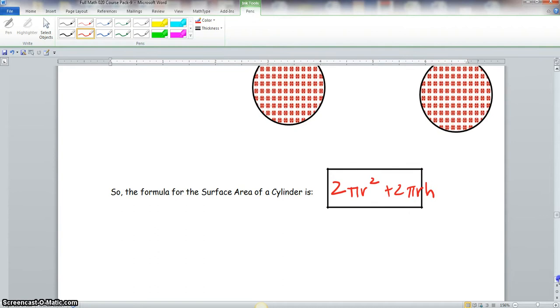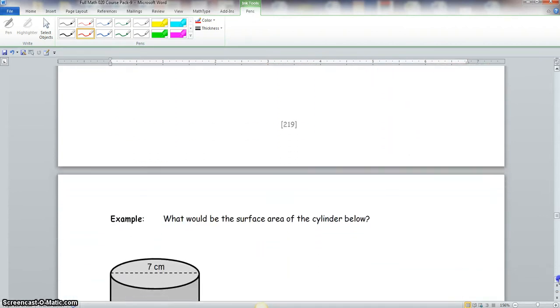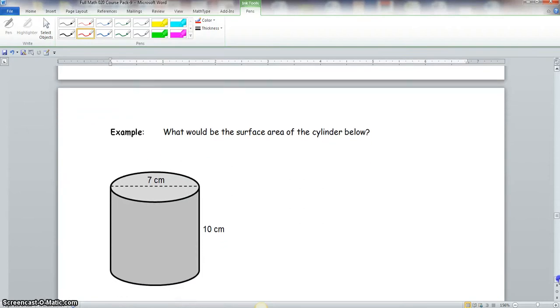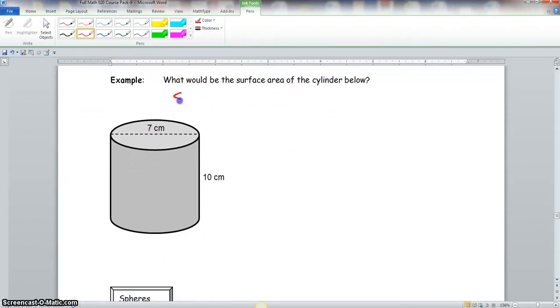Now that is the surface area of a cylinder. Now we scroll down here, it says example. What would be the surface area of the cylinder below? Now remember, our surface area is equal to 2 pi r squared plus 2 pi r h.